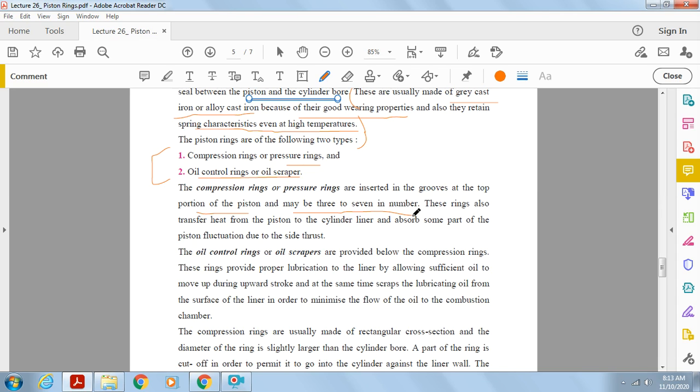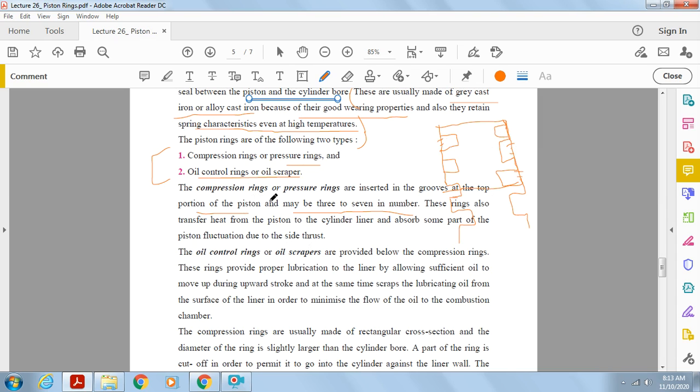When I discussed the trunk type piston diagram, I showed you that in the cylinder, these are the portions where these particular rings are provided. So these are the space provisions where the rings are provided.